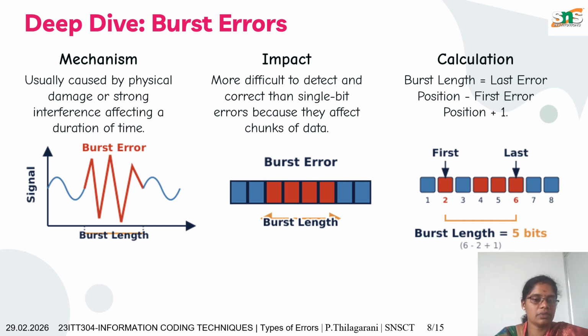The impact is that it is more difficult to detect and correct than single bit errors because they affect chunks of data. In calculation, burst length equals last error position minus first error position plus 1. That is, the burst length is 5 bits.